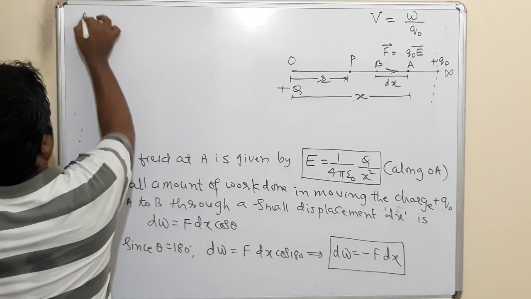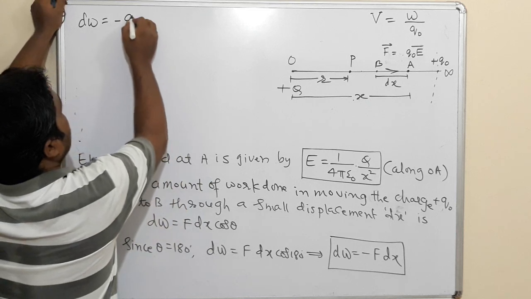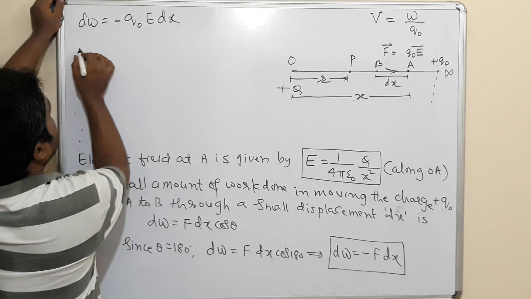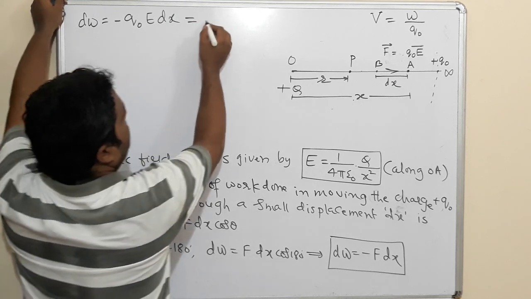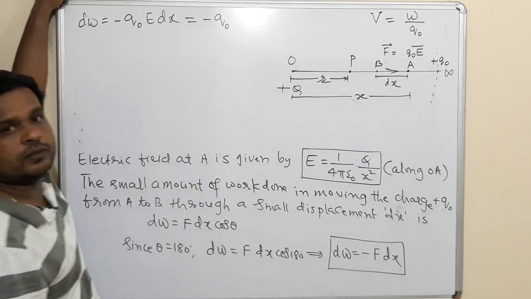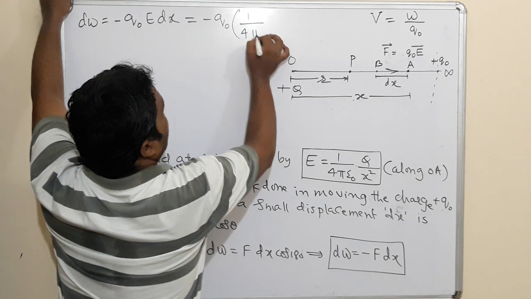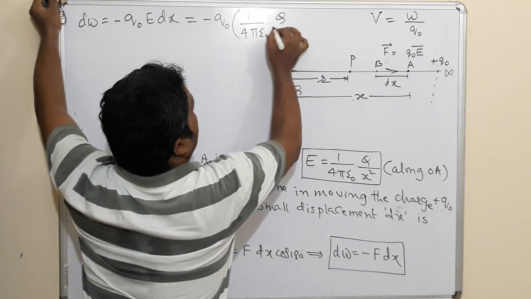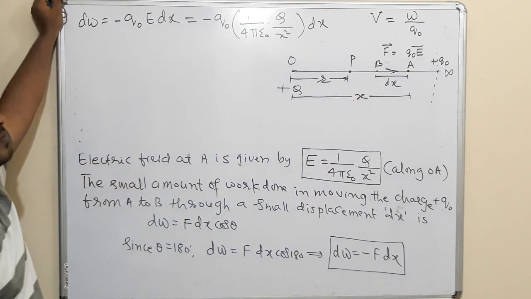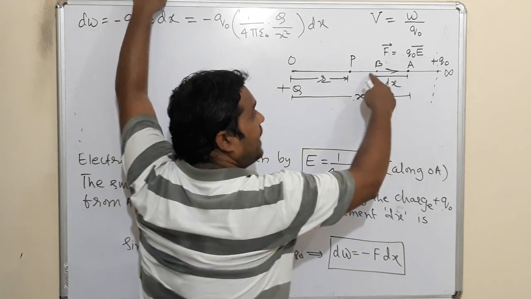This dW will be equal to minus F, and F is Q naught into E into dx. So dW is equal to minus Q naught times the electric field at this point, which is 1 by 4 pi epsilon naught Q divided by x square, into dx. This is my small amount of work done in bringing the charge from A to B.